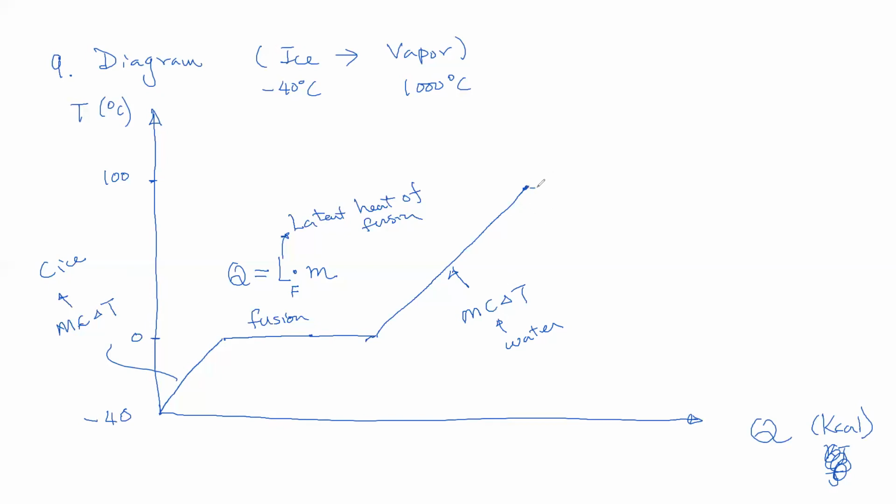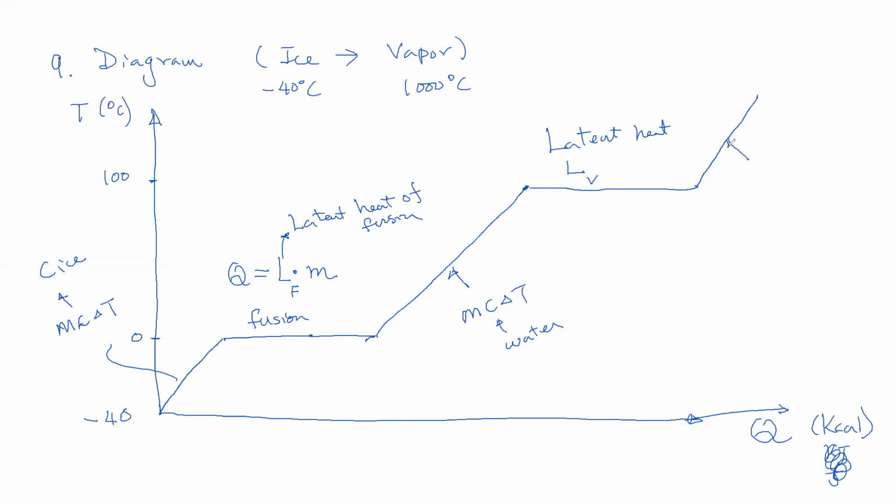So now you reach 100 degrees C. Now you'll have another latent heat, and that will be latent heat of vaporization. So it's LV, latent heat of vaporization. And then this is going to continue, and this one here is going to increase the temperature again.